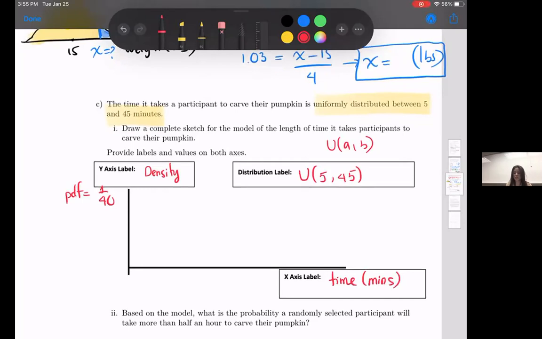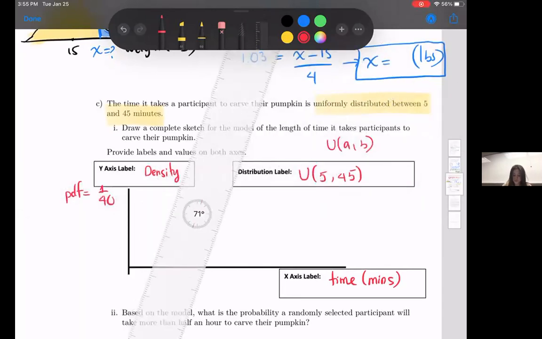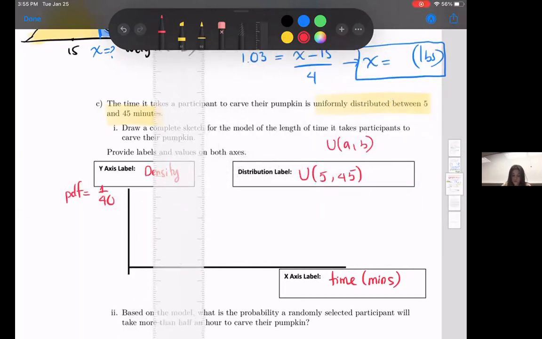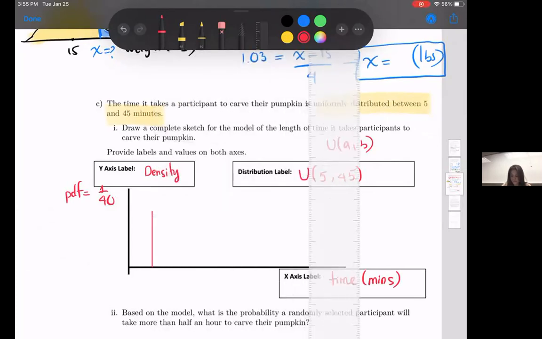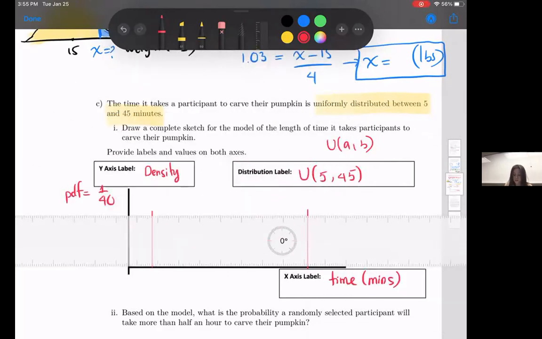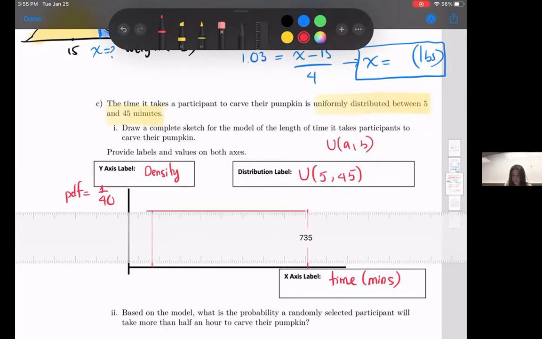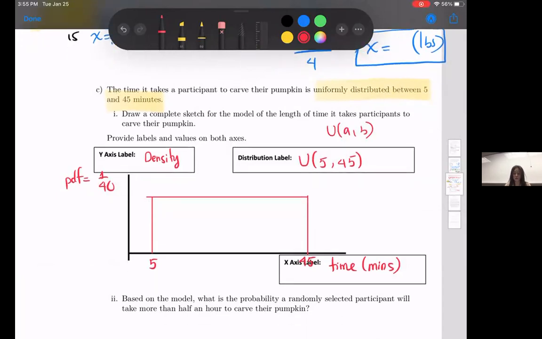You're going to see exactly the same thing on the exam, well, not exactly the same problem, but something similar. So let's graph this. It's from A to B. As long as it looks like a rectangle to me. So A is 5, B is 45. That's it, done.